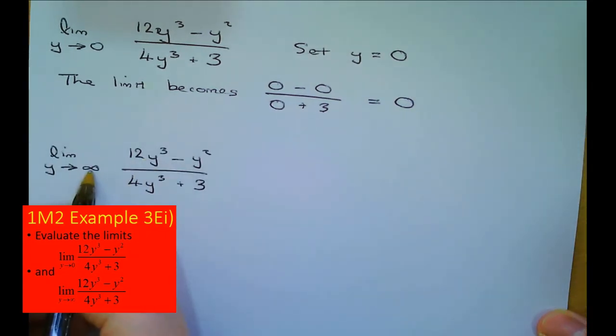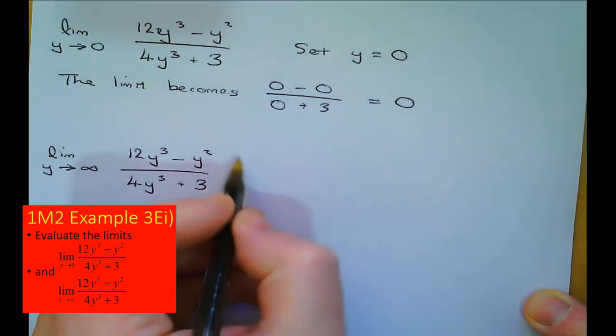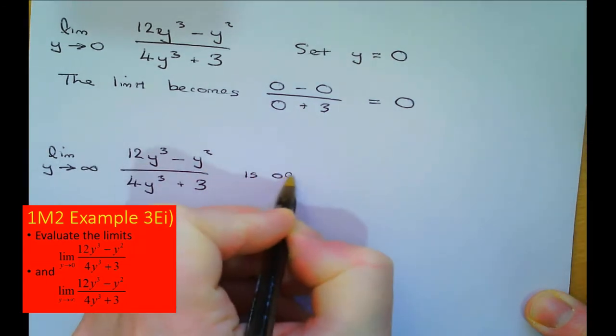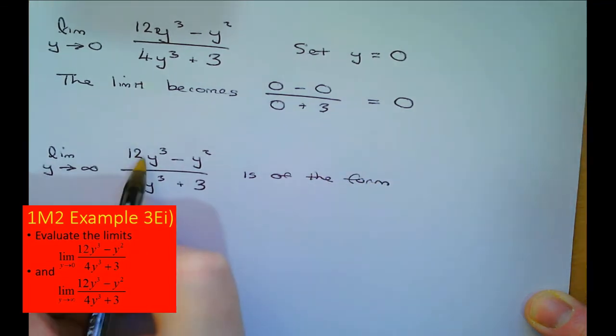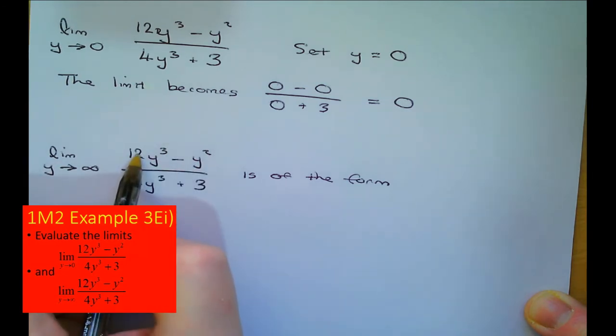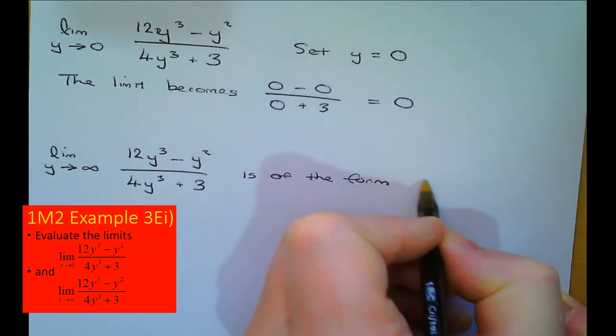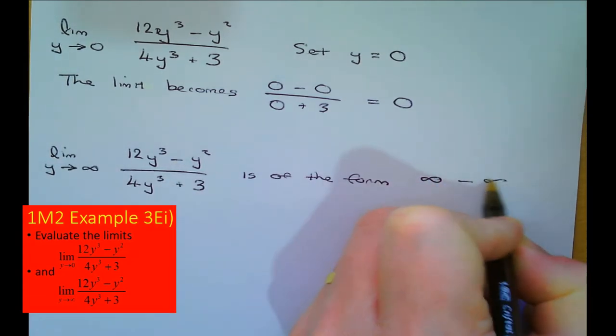For our limit as y becomes infinite, well, let's see what form we have. We'll have here 12y cubed, well, that will become infinite. Y squared will become infinite.